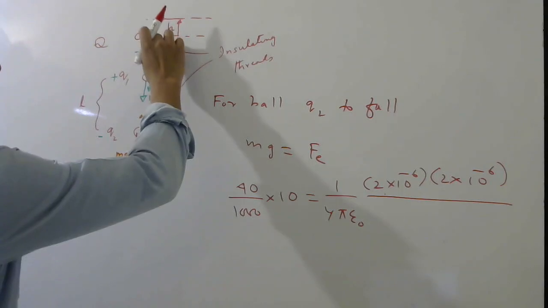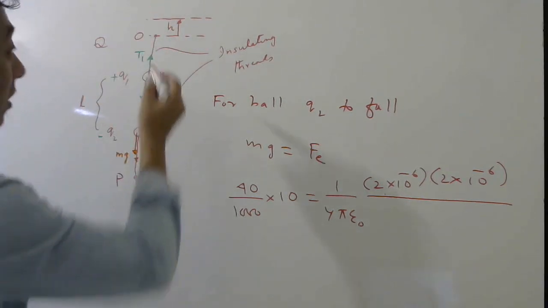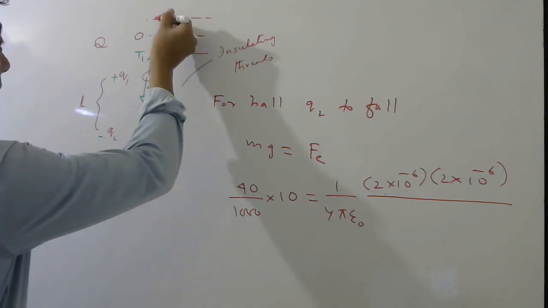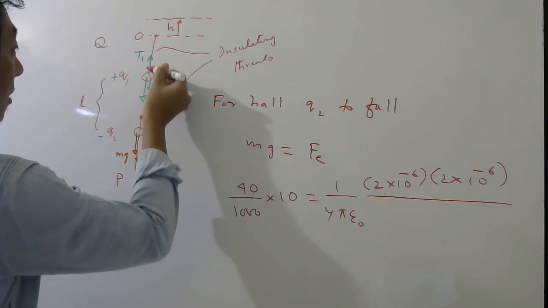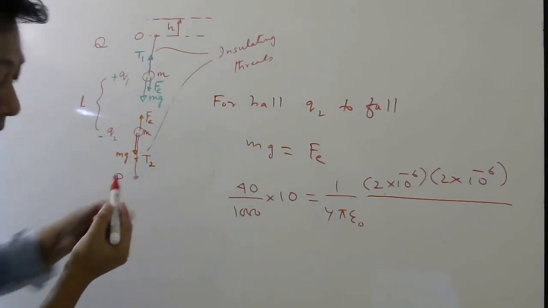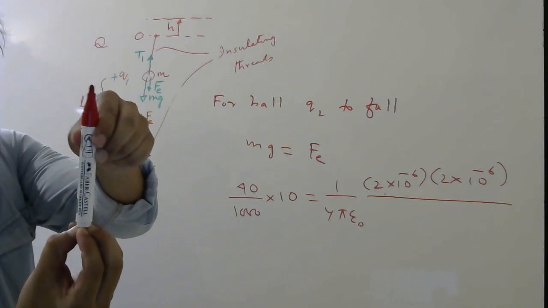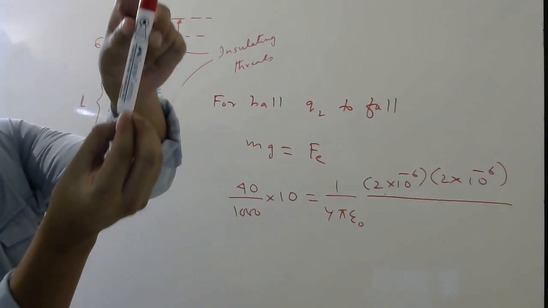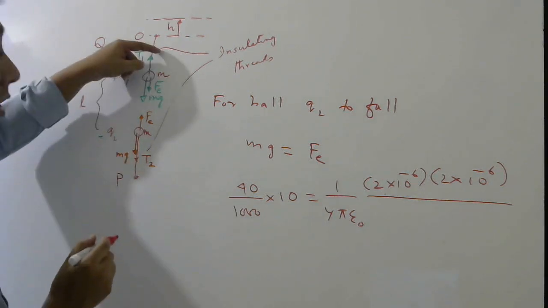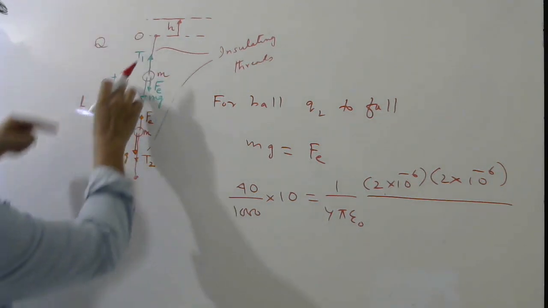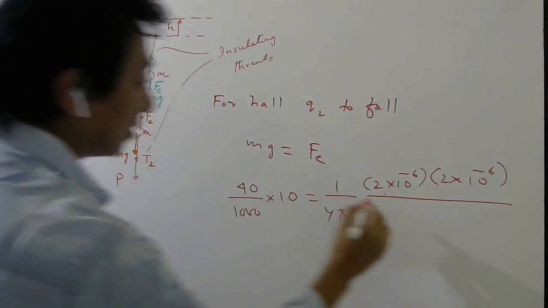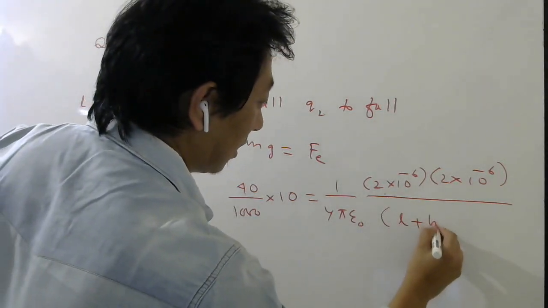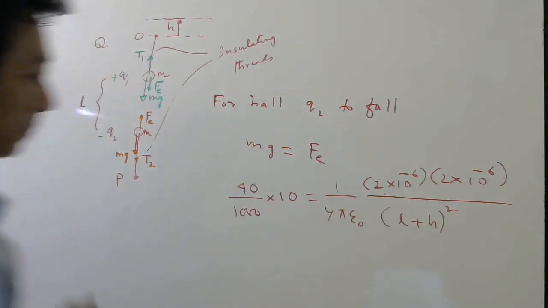When this point reaches here, now listen carefully. If this point goes up by h, this ball will also go up by h, right? Because this is the string, this is the ball. So if this point moves up, this ball will also go up the same distance. So if the ball goes up h, what is the new distance? L plus h. So now the new distance is L plus h whole square, right?